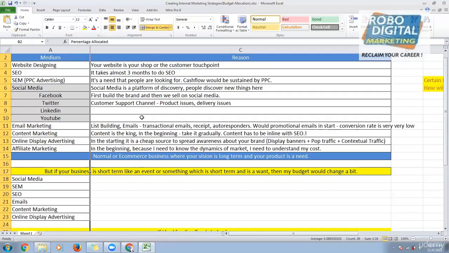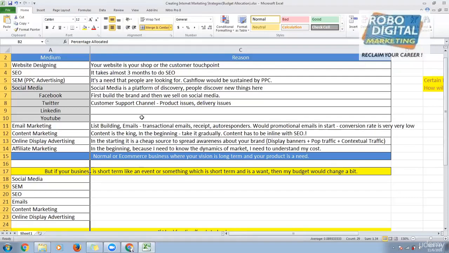If we start giving a big amount, like if we have a budget of 1 lakh, and we start giving 100 rupees for it, how many installs can we get? How many referred people can we have? 1,000 only. So it's very limited. So we do not prefer affiliate marketing in the start.